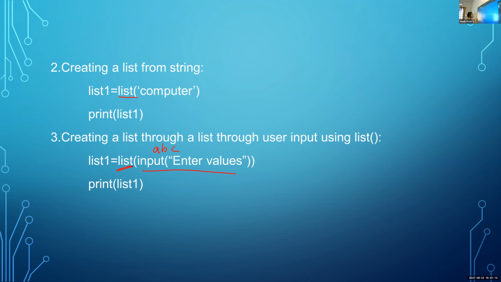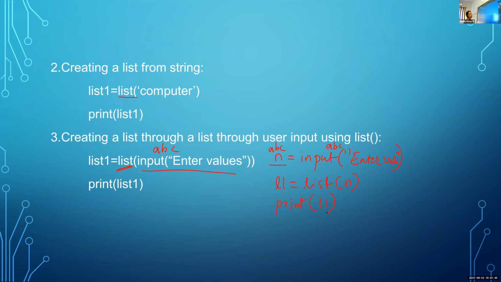Or we can rewrite this using n is equal to input enter one string. The inputted value, ABC, is copied to n. And using this n, you want to create a list. So L1 is equal to list of n. This is also possible. After that, print L1.